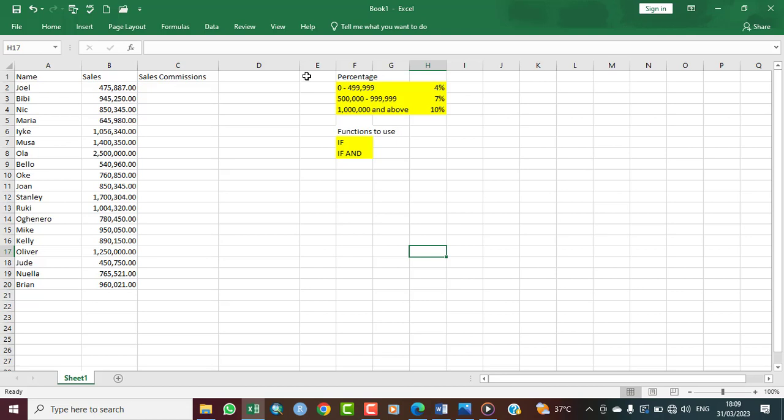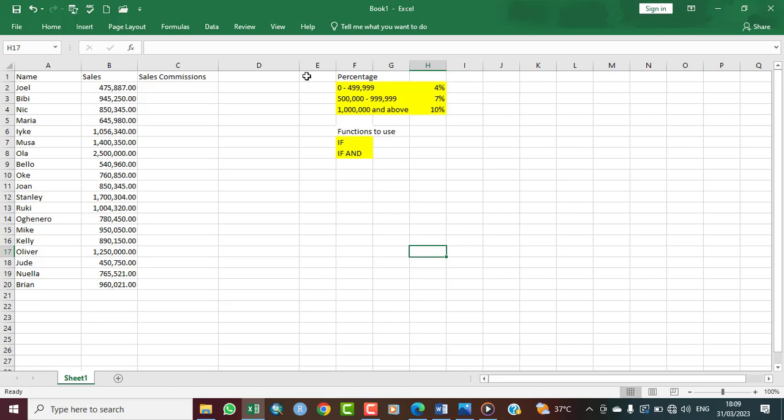A salesperson that falls between 500,000 and 999,999 goes home with 7%. And then 1 million and above makes 10% as commission.